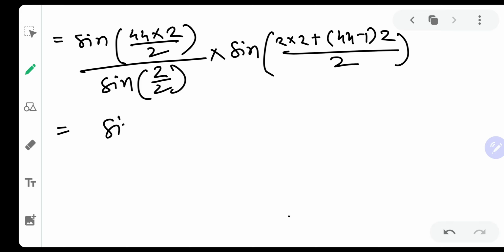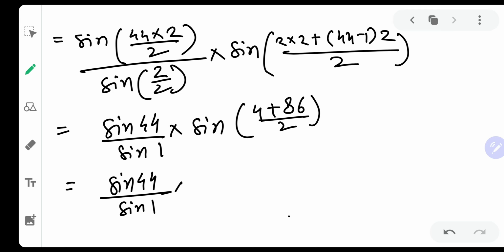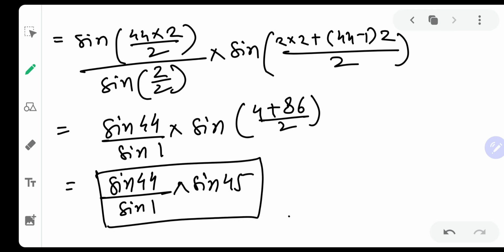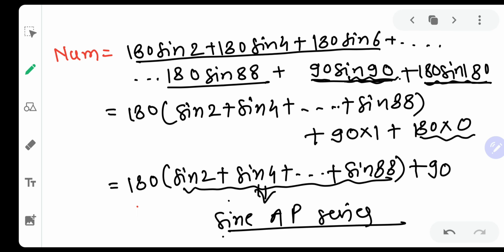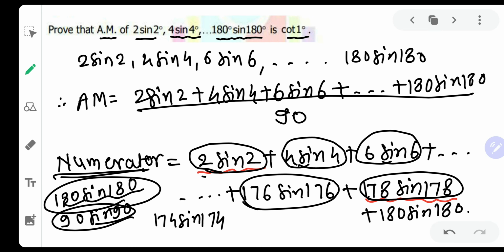So this will be equal to sine of 44 degree upon sine of 1 degree into sine of 4 plus 86 by 2. So this will turn into sine of 44 upon sine of 1 into sine of 45. So the numerator has been simplified. As you can see, this numerator which has been simplified was a sine AP series.